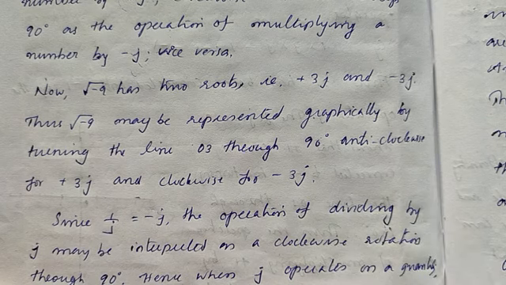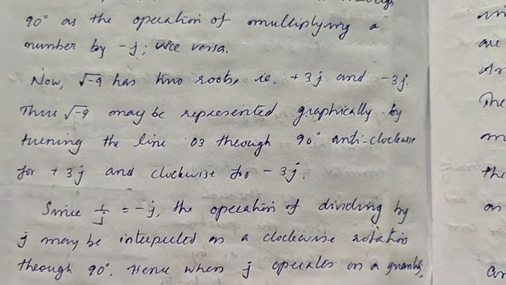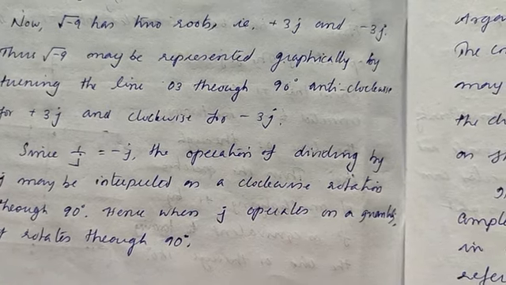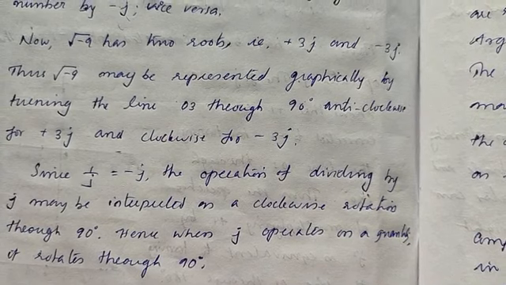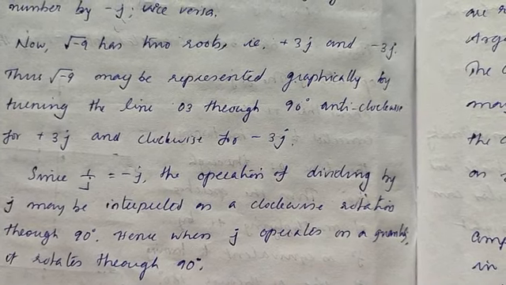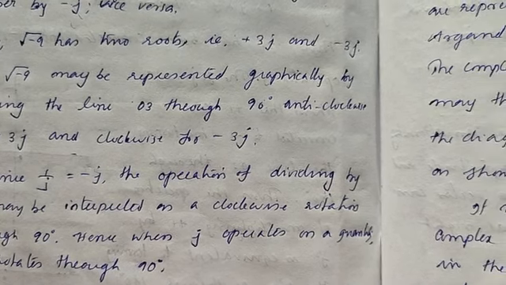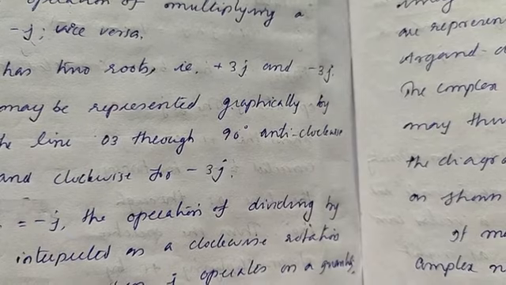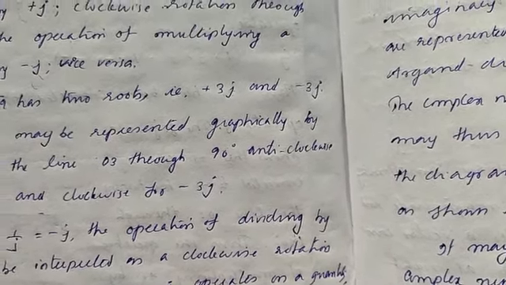Hence, when j operates on a quantity, it rotates it through 90 degrees. Simply, the operator j means a rotation through 90 degrees, and the minus or plus sign is interpreted as the clockwise or anti-clockwise direction.